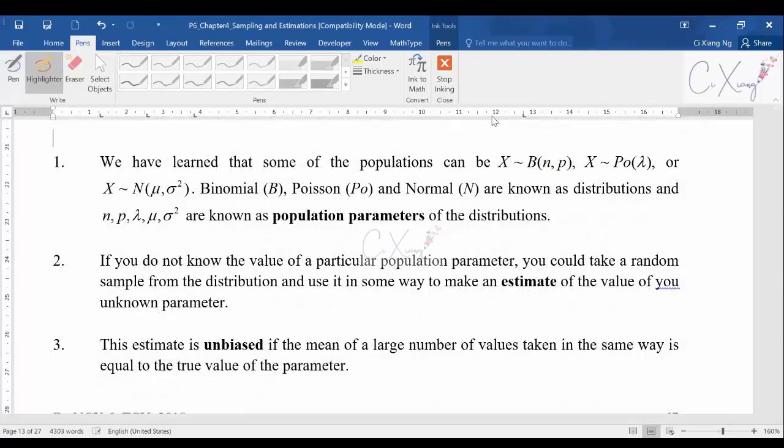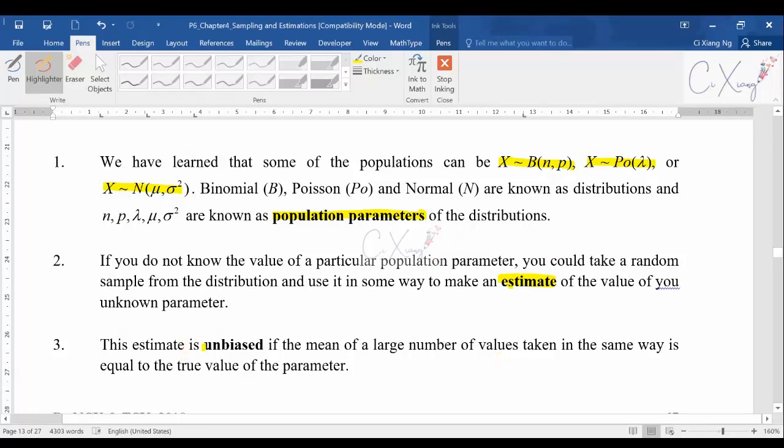Let's start with some basic ideas. Last time we learned some distributions: the binomial distribution, Poisson, and also the normal distribution. All the parameters inside, we call population parameters. If we don't know the value of a population parameter, we can try to make an estimate for the unknown parameter.